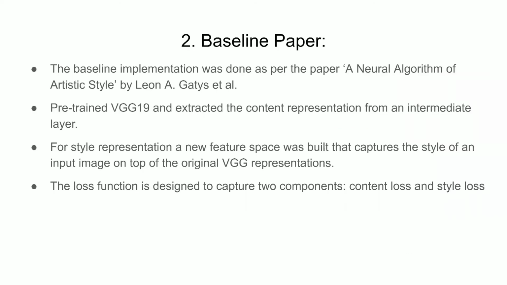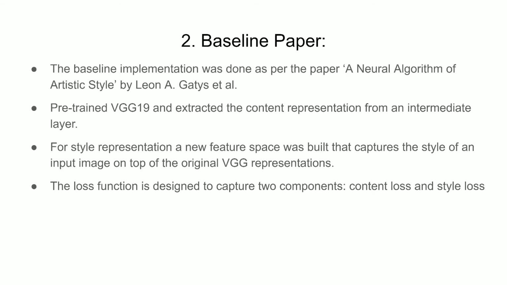The baseline model uses a pre-trained VGG19. For the content representation, it extracts layers from an intermediate VGG layer. For the style representation, a new feature space was built that captures the style of an input image on top of the original VGG representation.